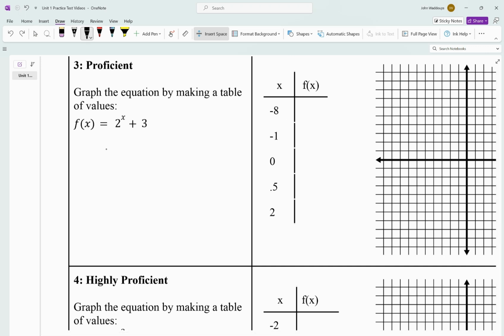So I'm going to take 2 to the minus 8 and then plus 3. In this case, you can take something like this and just put it in your calculator. Let's say I've got 2 raised to the minus 8 power. Depending on what kind of calculator you're using, this is set to standard, but I can change it to scientific.